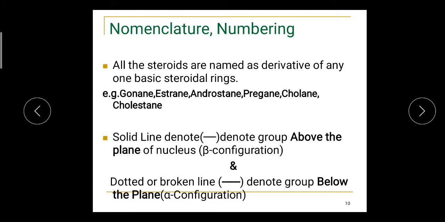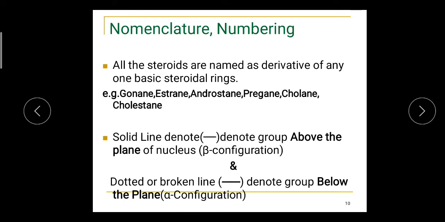Estrane means the steroidal nucleus having 18 carbons. Androstane means the steroidal nucleus having 19 carbons. We'll see that later on, but for giving the name, all steroids are named as a derivative of the basic steroid nuclei like gonane, estrane, androstane.